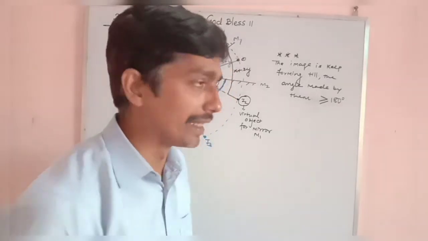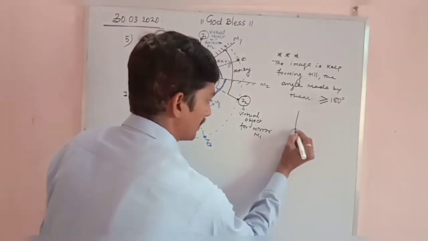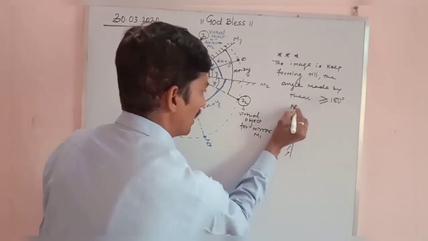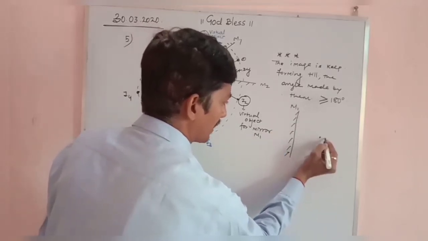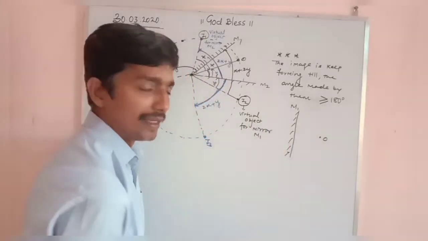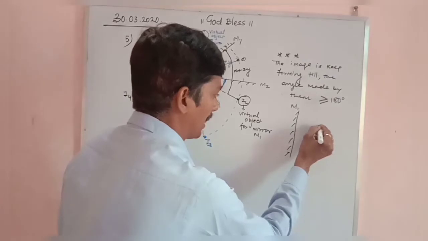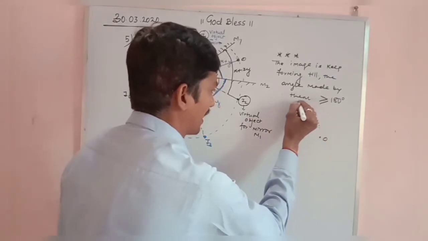What is the meaning of this? Suppose this is the mirror. Simple logic. ये mirror, ये object is over here, suppose. This mirror will give the image of this object till the object comes here.